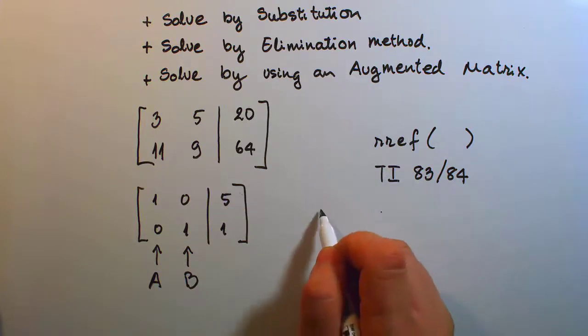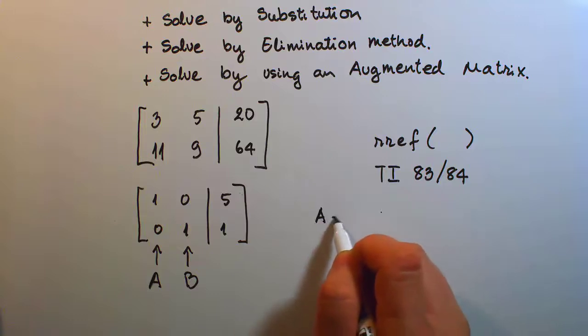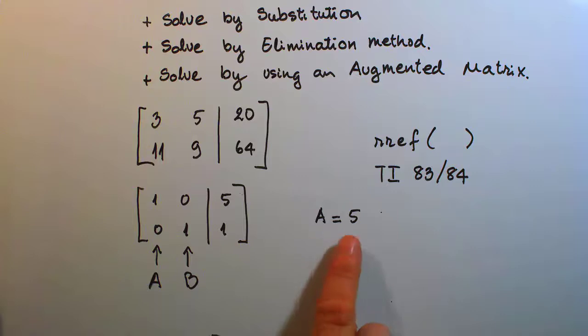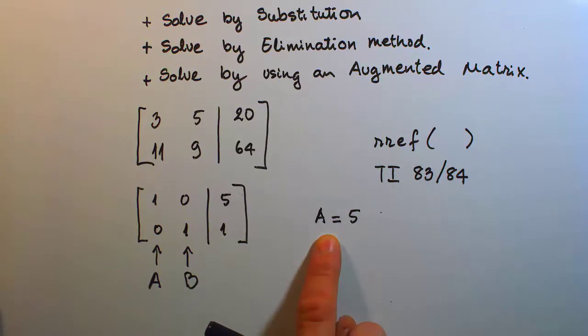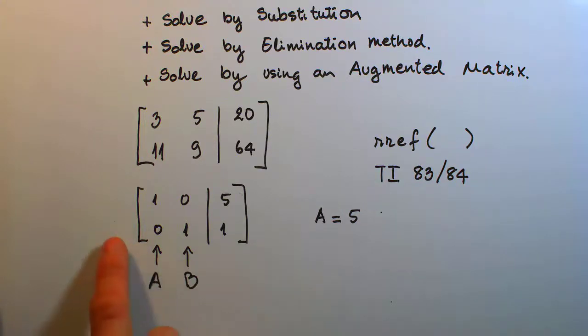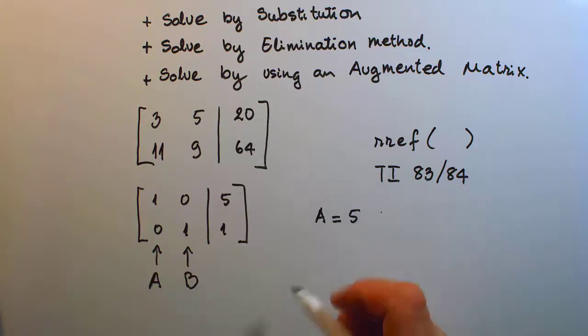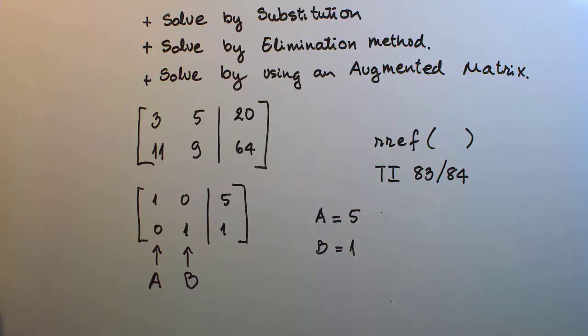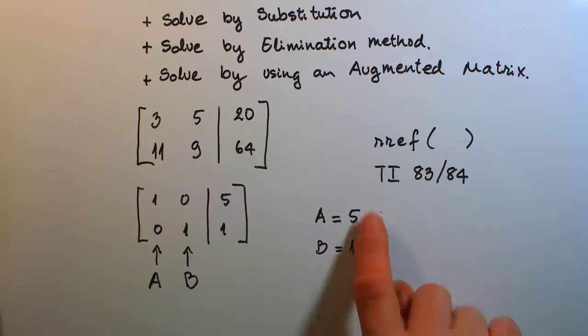That means we found a value for a, suggested to be a equals 5. I'm using the word suggested because eventually we need to check our solution before we can make the final conclusion. The second equation reads 0a plus b equals 1, which is the same as b equals 1. So now we have found a pair of values, a equals 5, b equals 1.